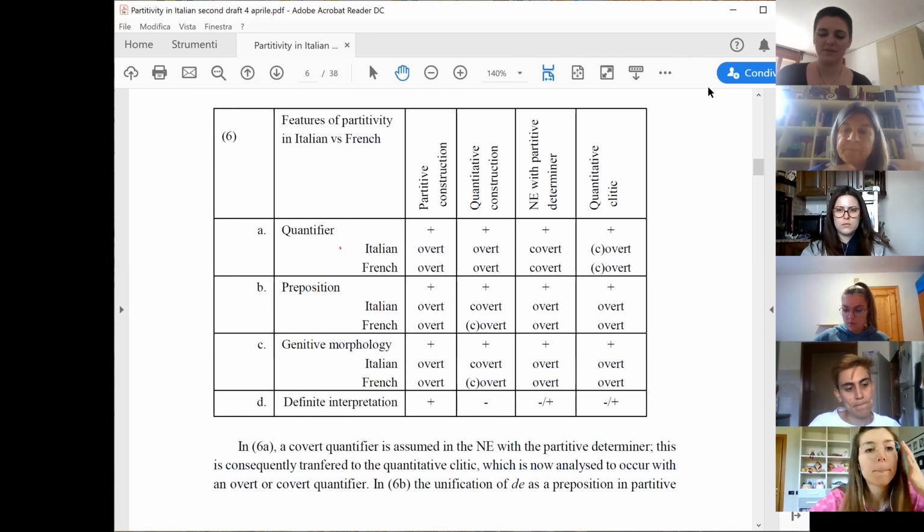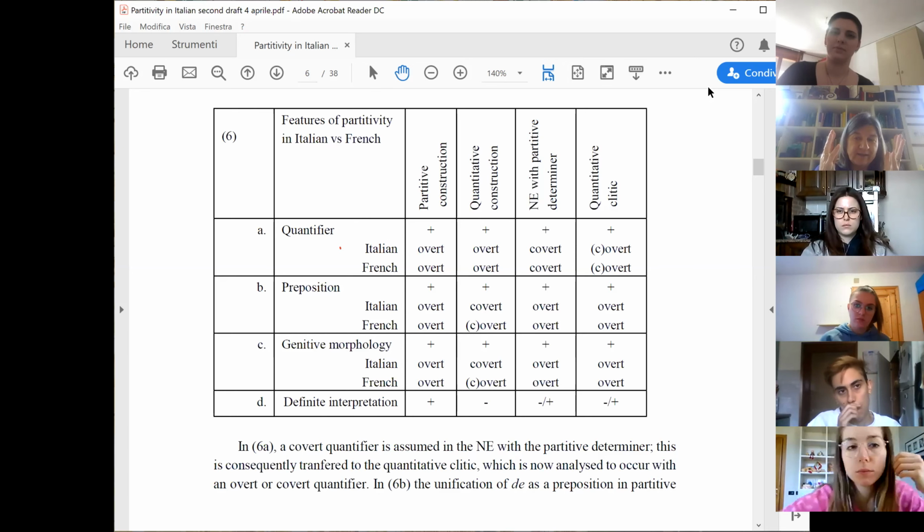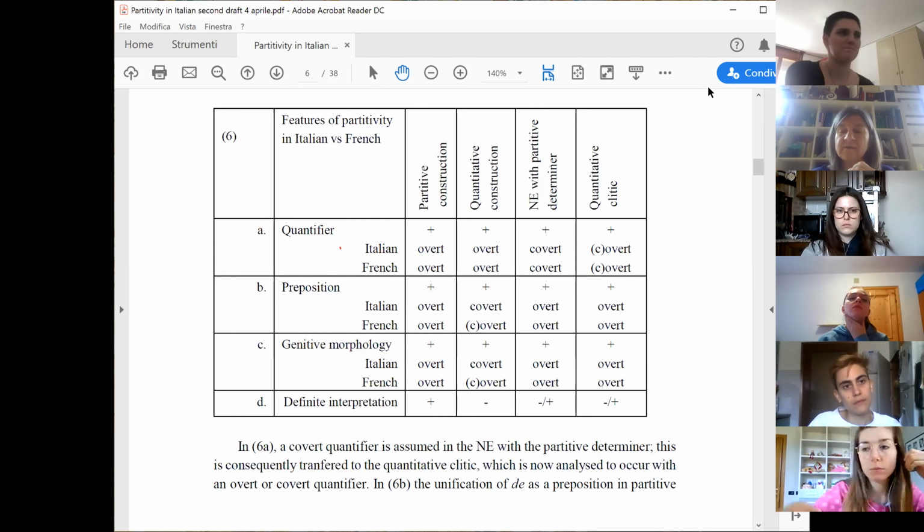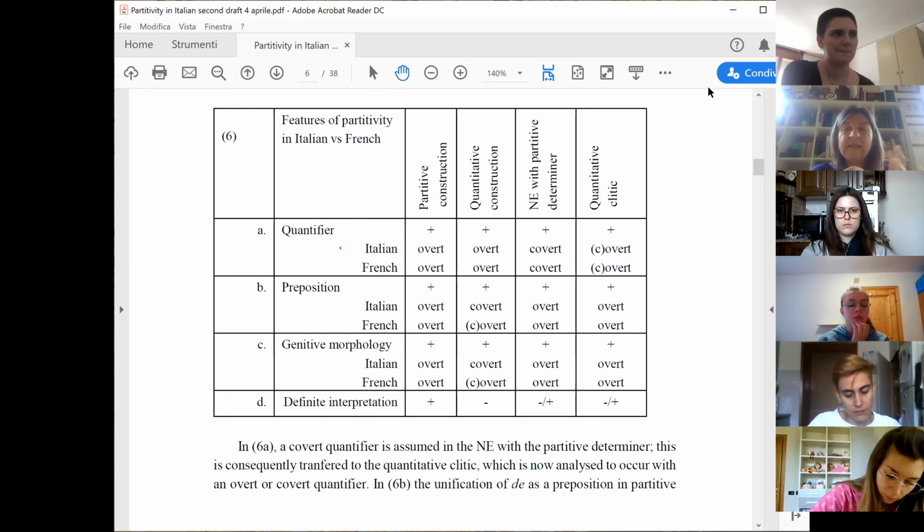So ne, the quantitative clitic, is ambiguous. And the partitive determiner, des livres de Zola, is ambiguous, or at least it can be a partitive determiner.